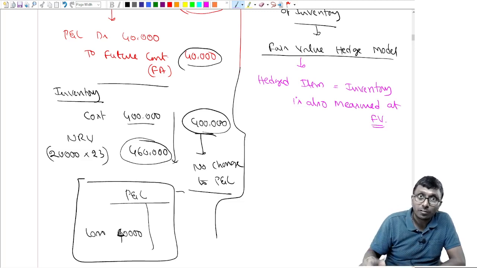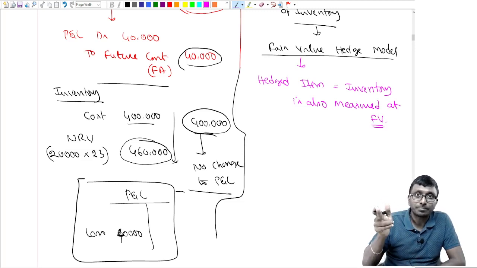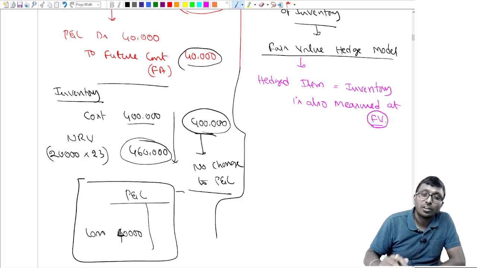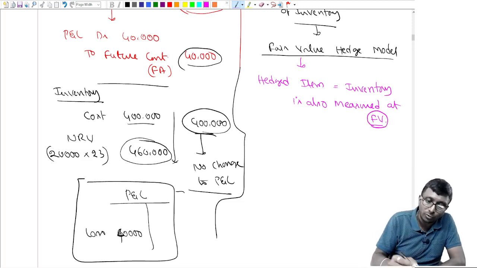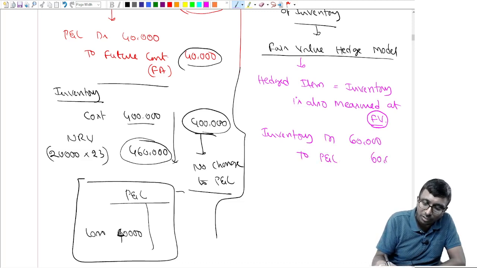But if you follow the fair value model, we'll measure it at fair value. The minute you measure at fair value, the value of inventory will go up. Inventory account debit 60,000, and the gain will be transferred to profit and loss 60,000. This is the first journal entry.